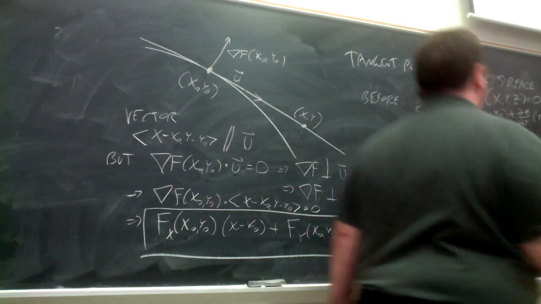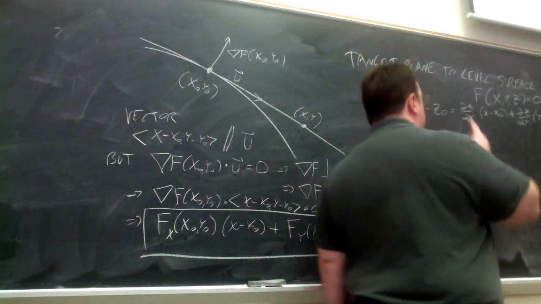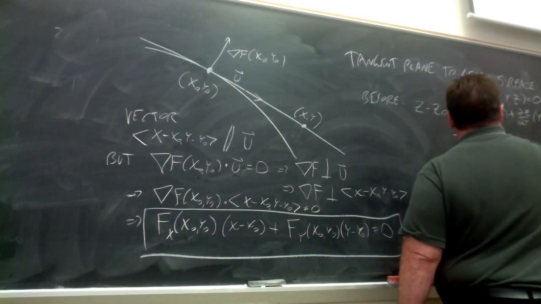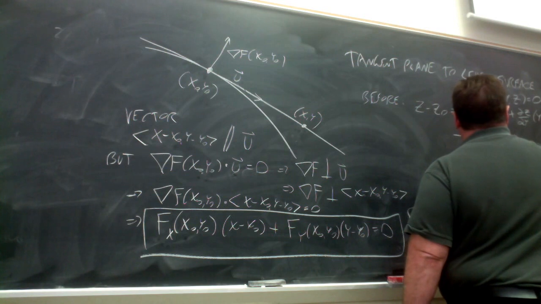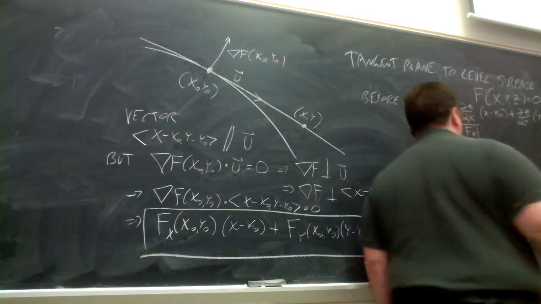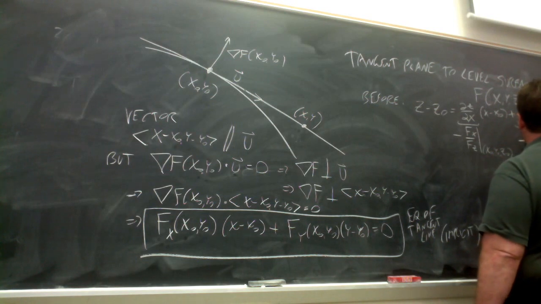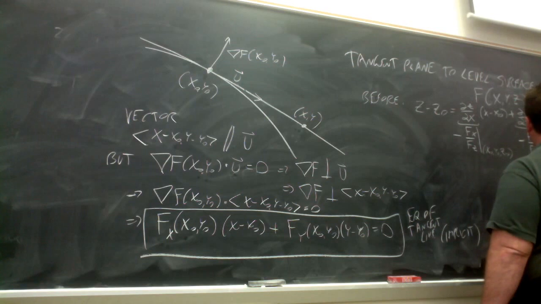And we had formulas for dz dx and dz dy. This was minus fx over fz evaluated at the point of tangency, x naught, y naught, z naught. And this was minus fy over fz, again evaluated at your point of tangency.